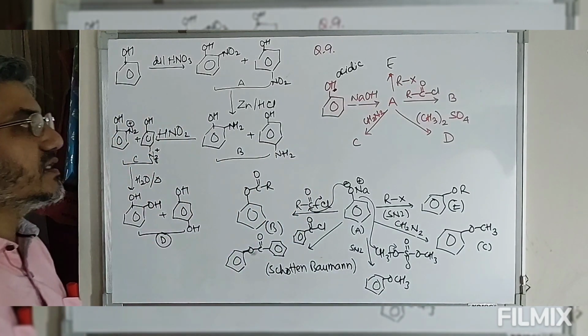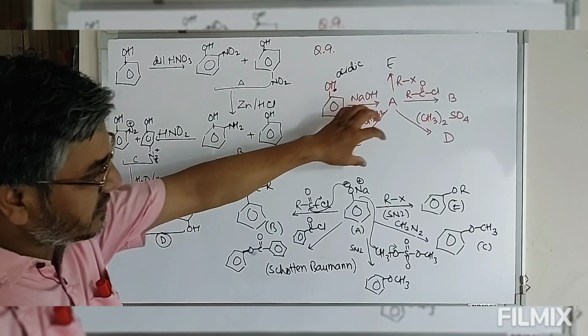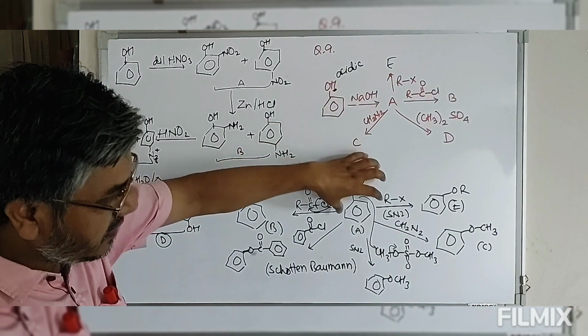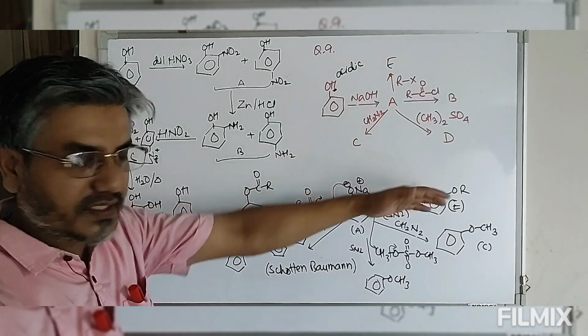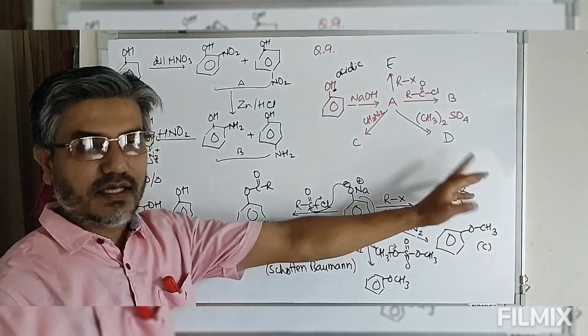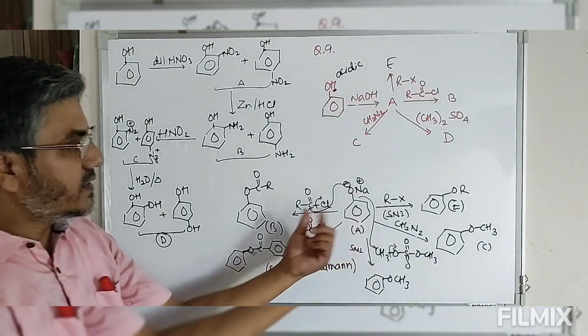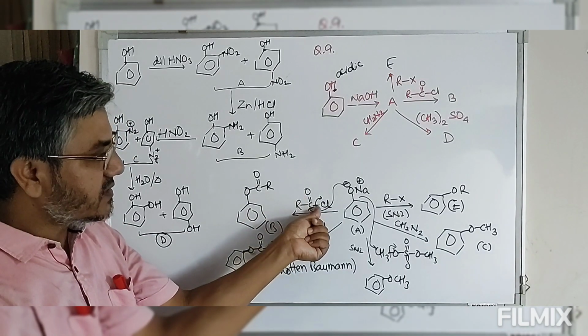So these are the various reactions that can be carried out with this phenoxide ion. In these phenol reactions, phenoxide is acting as a very good nucleophile, and this nucleophile reacts with electrophilic reagents. In the case of alkyl halides, the reaction goes via SN2 to give you an alkyl aryl ether. On the other side, it reacts with acid halides. Again, the carbon of the acid halide is electrophilic.